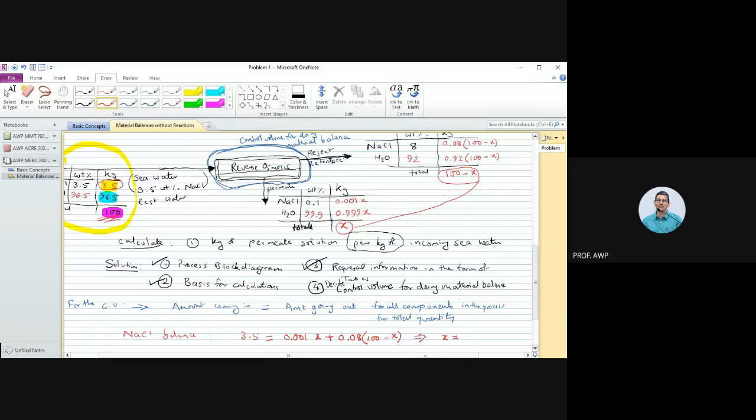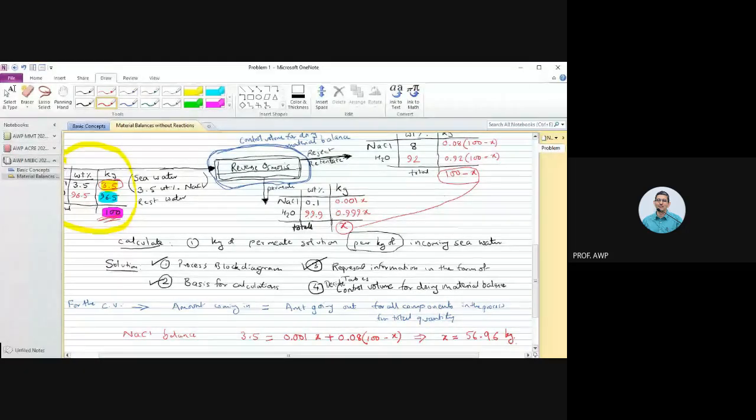Is somebody solving or not solving? Sir, 56.9. 56.96 kgs.